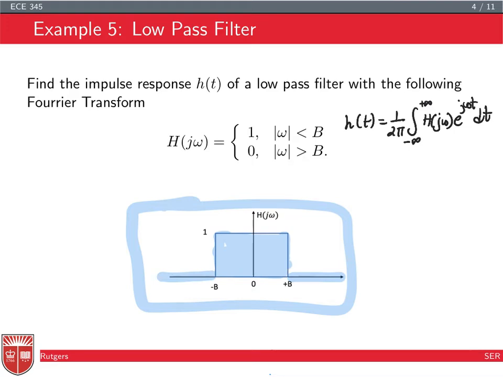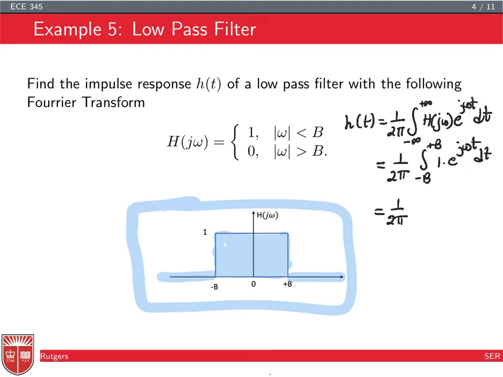But here it's easy because I know that this is equal to 1 over 2 pi times the integral between minus b and plus b of 1 times e to the j omega t d omega.